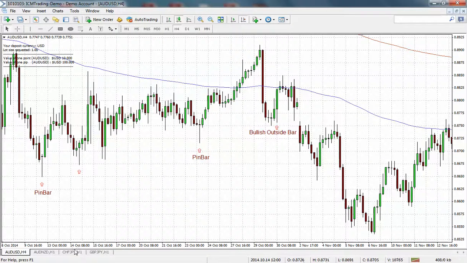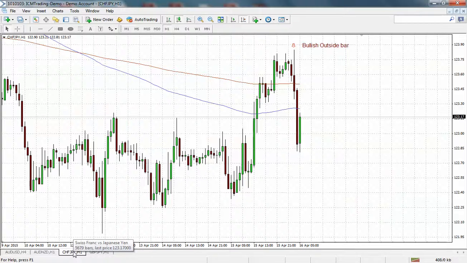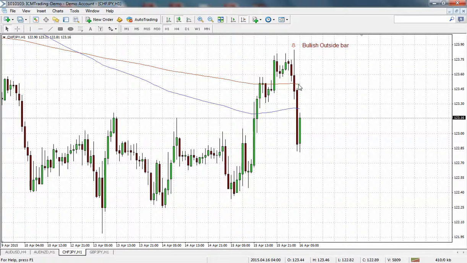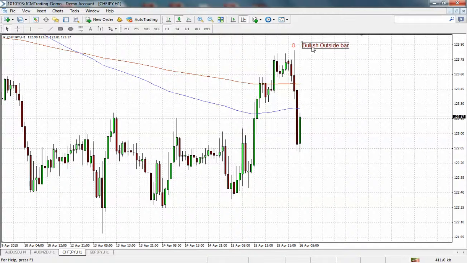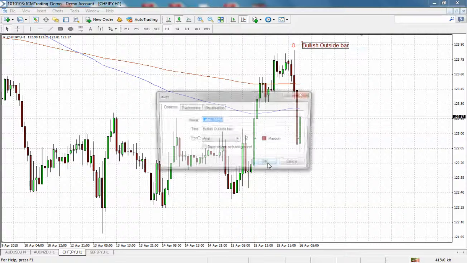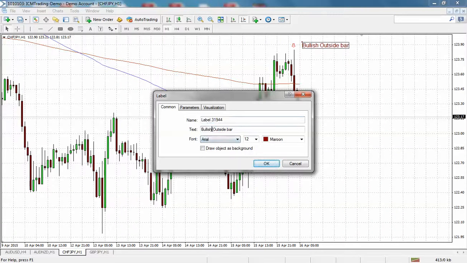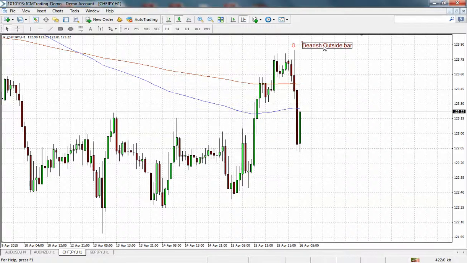All right, let's move on to the last chart. Basically here we have the inversion of a bullish outside bar. Let me change the name because this is a bearish outside bar.